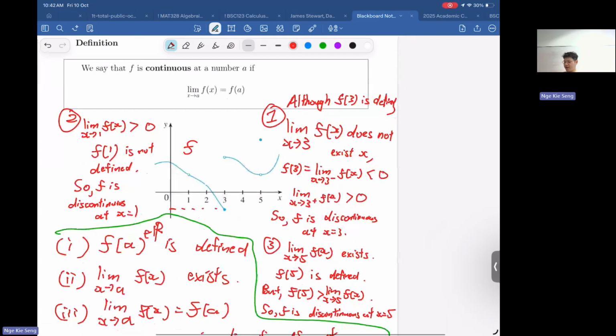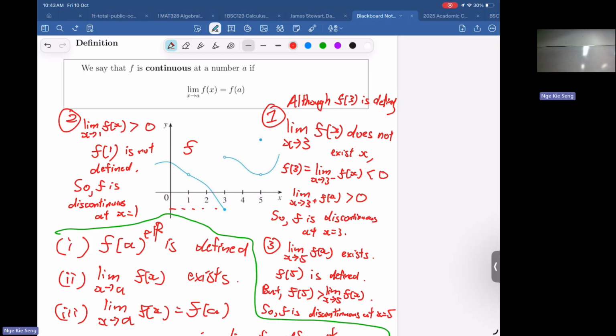So either the graph splits away, or there's no point to connect them, or the connecting point jumps away. These are the three ways that a function cannot be continuous. These are the simple ways; there are more exotic examples if you come to MA. But other than that, the function should be continuous.